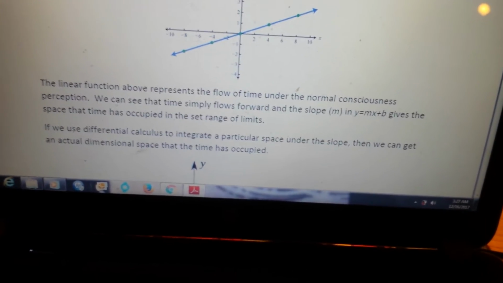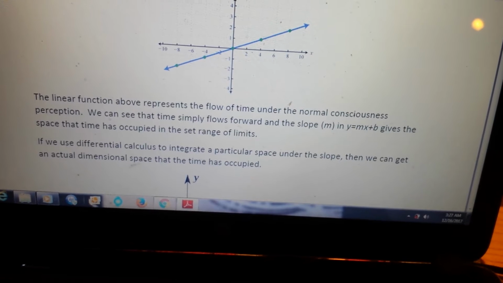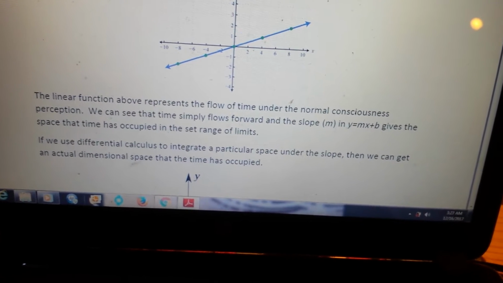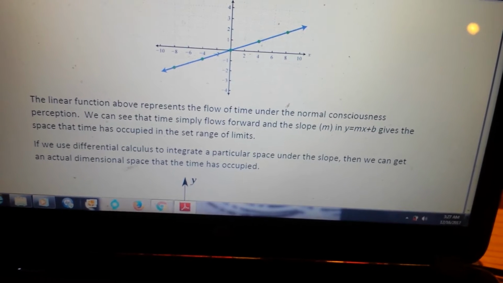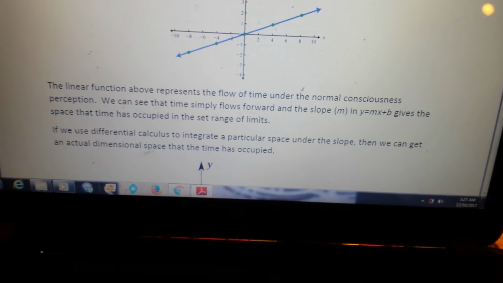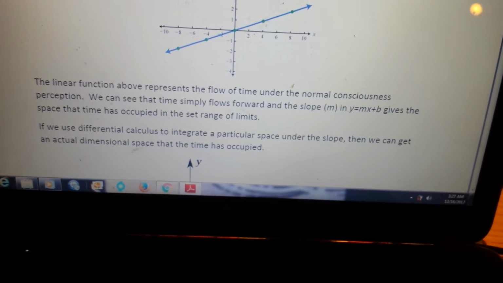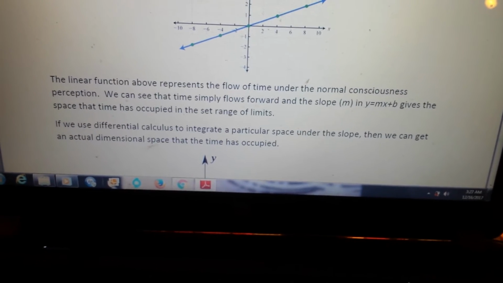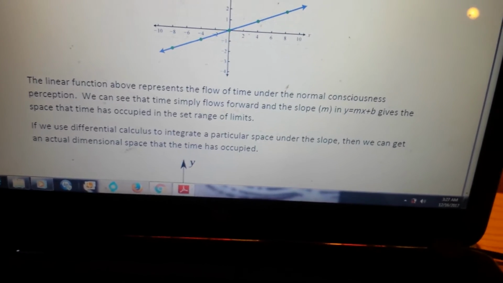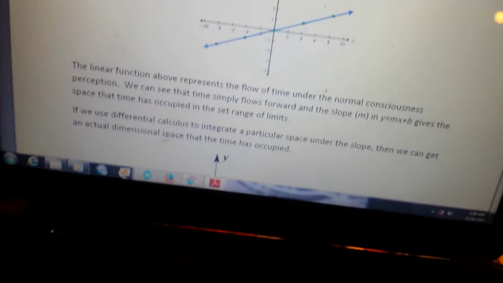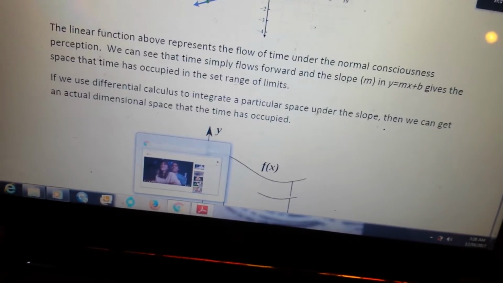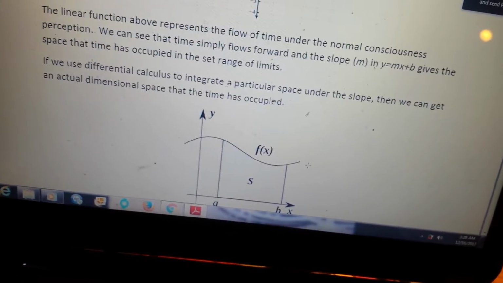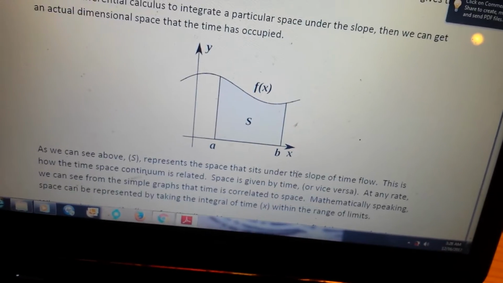So how do we determine the numerical value of the space created under m? Well, we have to use differential calculus to integrate a particular space under the slope and then get an actual dimensional space that the time has occupied. So I'm going to scroll down, and here's an example of an integration.